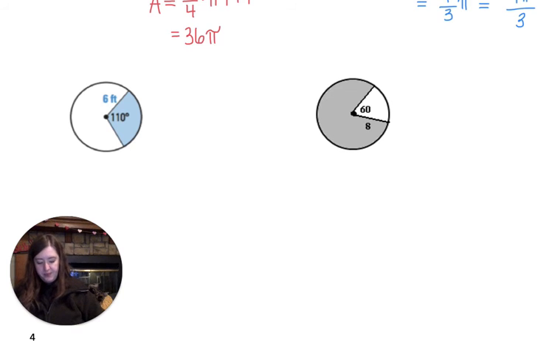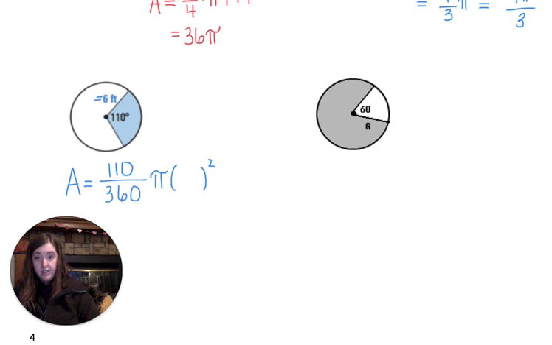Let's take a look at this one. So we're going to take our degree measure, 110, and that goes over 360, times pi times the radius squared. In this case, our radius here is 6. So then if I were you in my calculator right now, I would be putting 110 over 360 times 6 squared. 6 squared is 36.